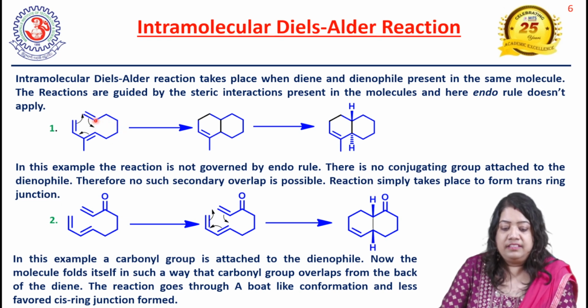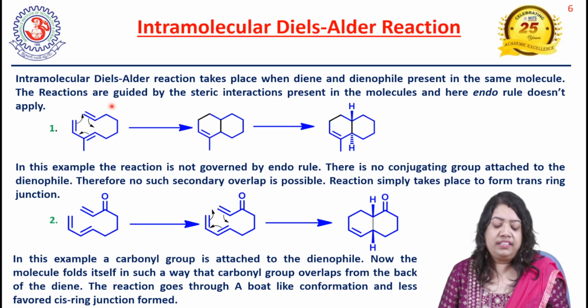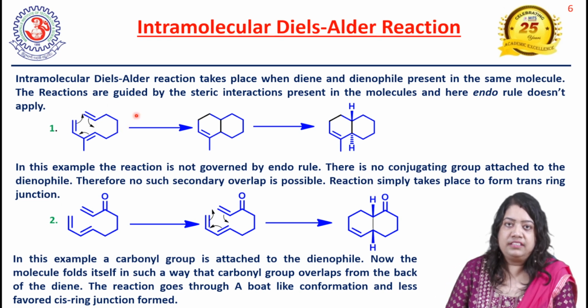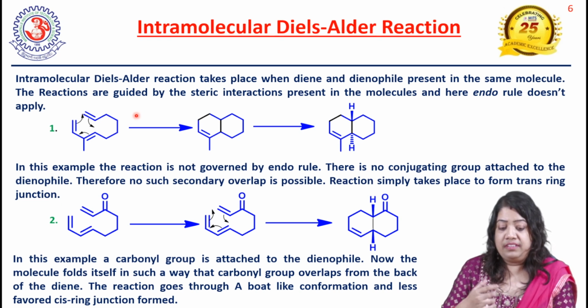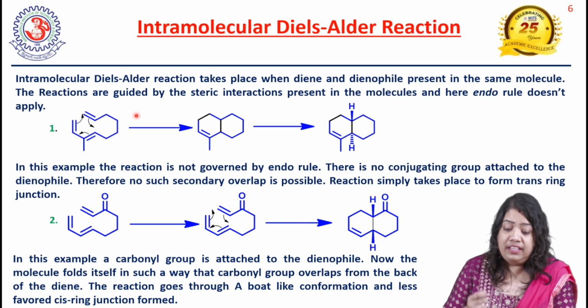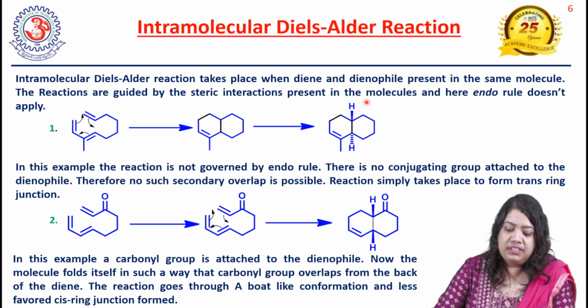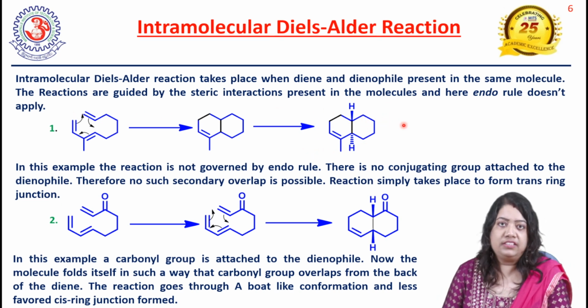If we look at this dienophile part, no conjugating group is attached to it. So there is no chance of secondary orbital overlap, which should be present, because the endo rule is guided by secondary orbital overlap. Since there is no conjugating group and no chance for secondary orbital overlap, the endo product does not form at all. We will get only the more stable trans ring junction, and only the exo product will be formed.